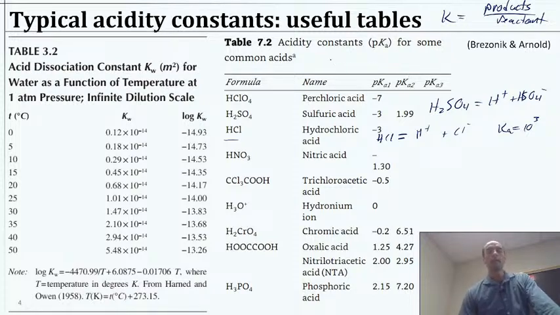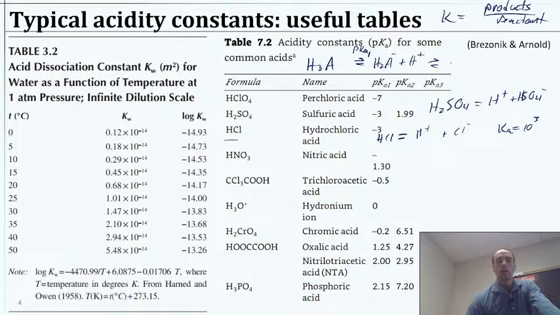So we can write this as some random acid with 3 protons, H3A, then pKa 1 is in equilibrium with H2A minus, plus a proton. So this would be pKa 1. And then next we say that H2A minus is in equilibrium with HA2 minus and a proton.